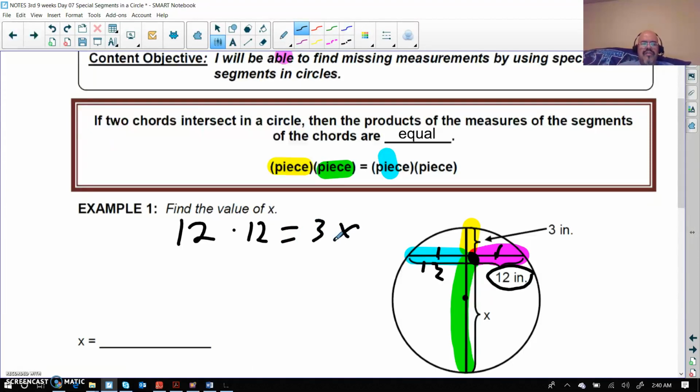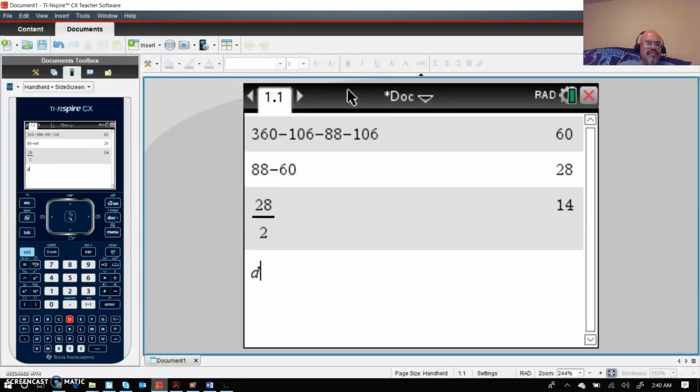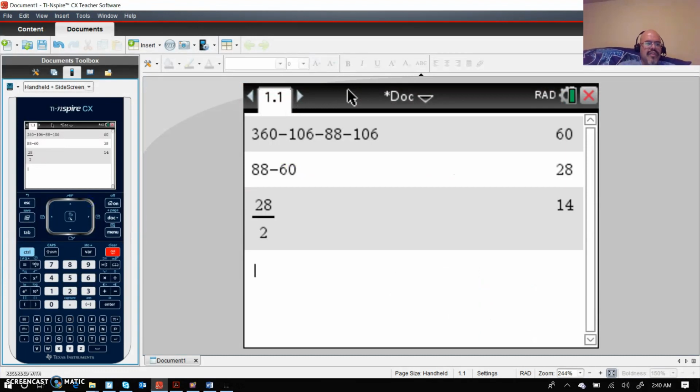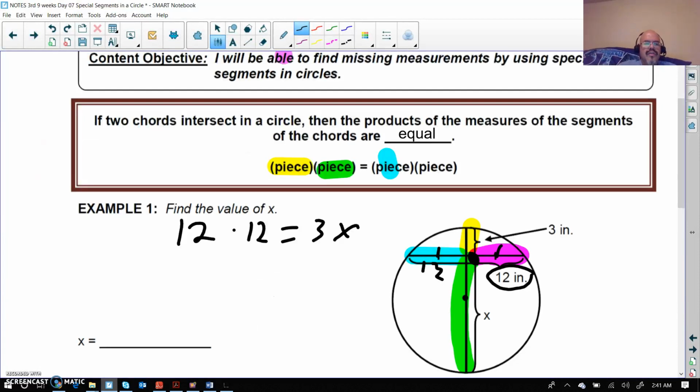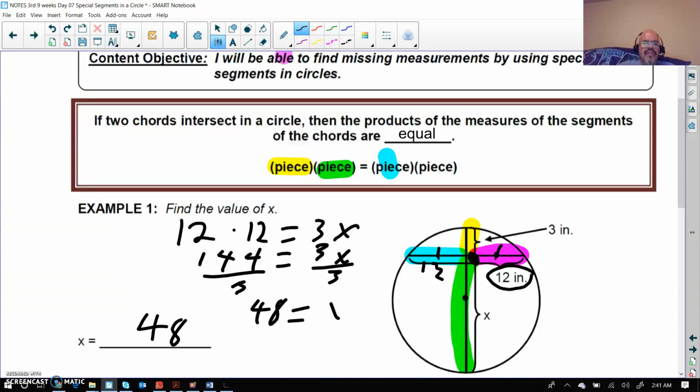Then we just solve for x. 12 times 12 is 144. Divide both sides by 3. So 48 is equal to x.